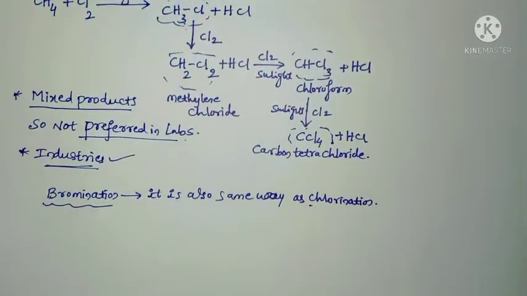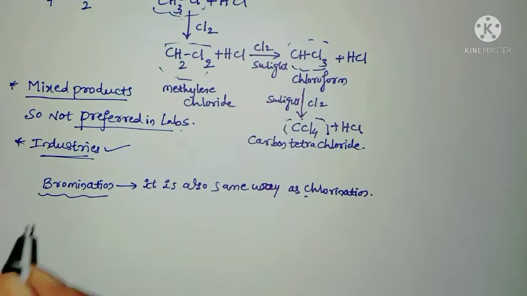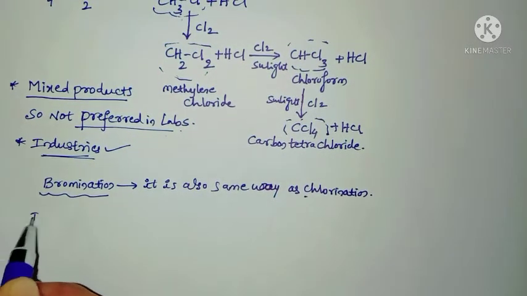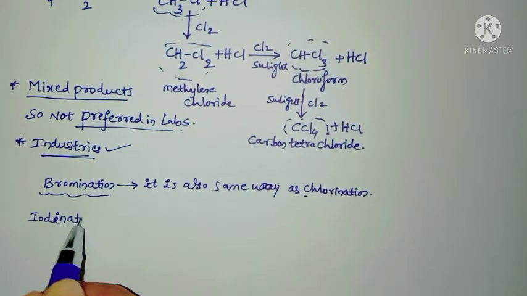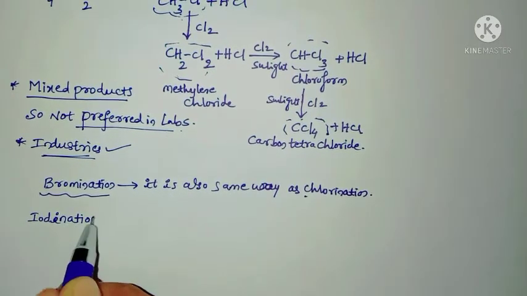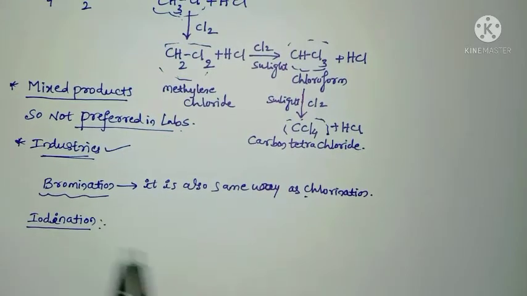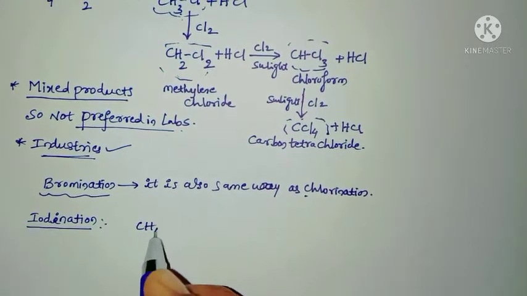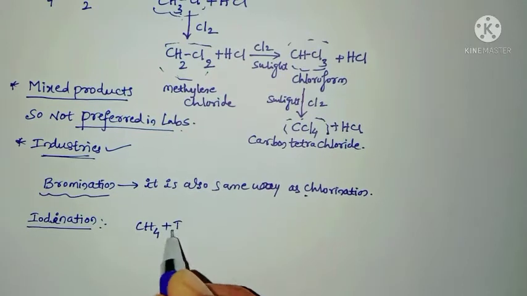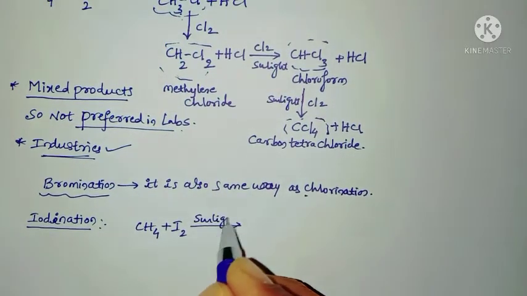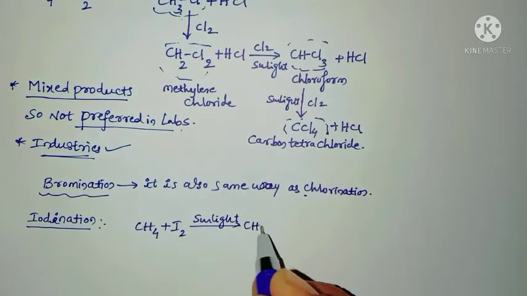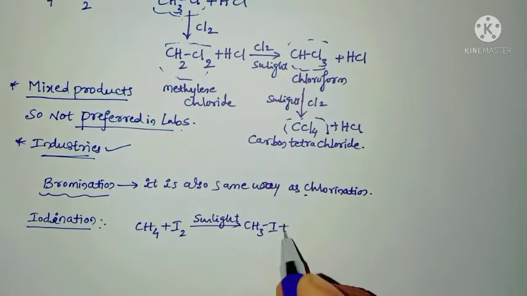Next comes iodination, that is, addition of iodine to the hydrocarbon. Here methane reacts with iodine in the presence of sunlight, and we get methyl iodide plus HI.